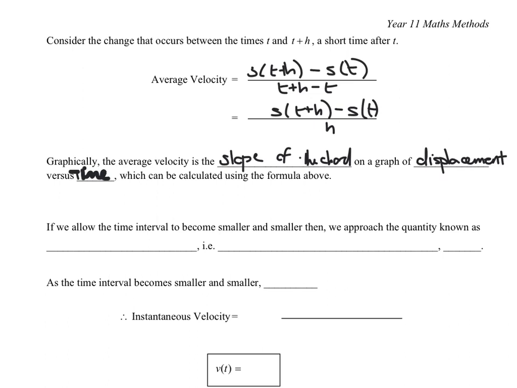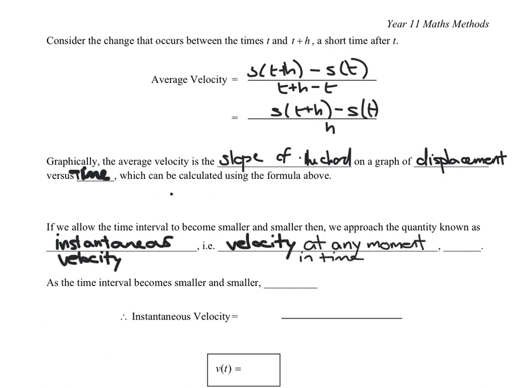If we allow the time interval to become smaller and smaller, so h is becoming smaller, we approach the quantity known as the instantaneous velocity. This is the velocity at any moment in time, and we call that v of t.